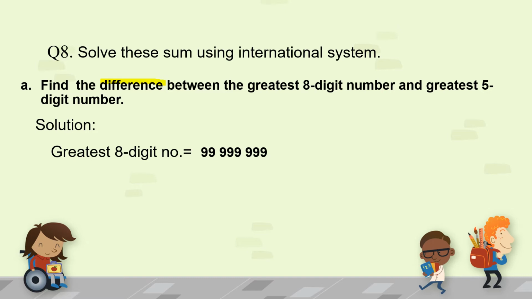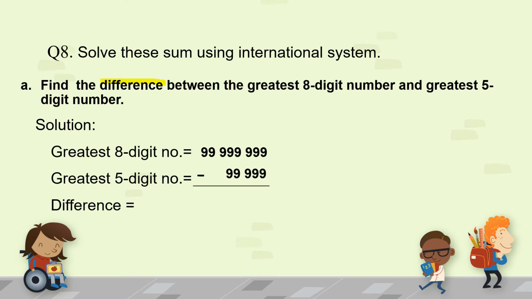We will write 5 times 9. And for calculation of difference, we are going to subtract it. Starting from the very right hand side, 9 minus 9 is 0. Similarly, 9 minus 9 is again 0, and you will get your answer as this. So you can see that in this way you can find the difference between any two numbers.